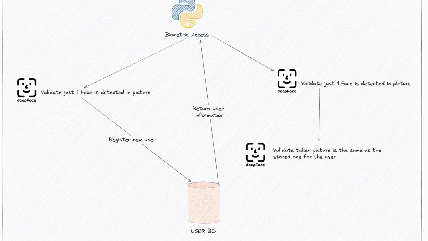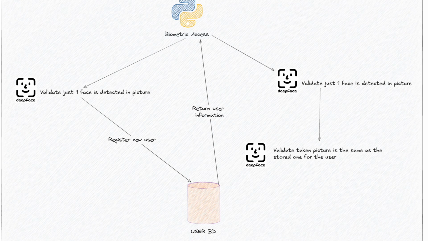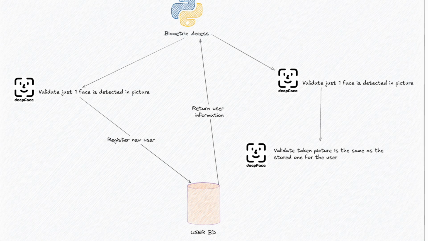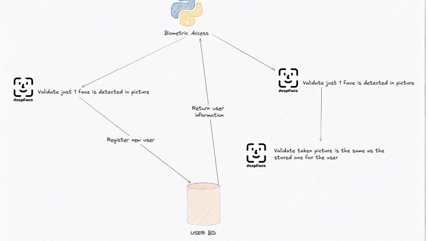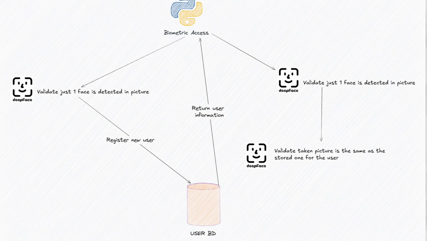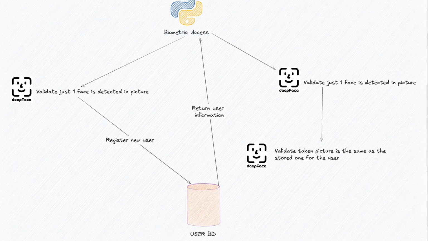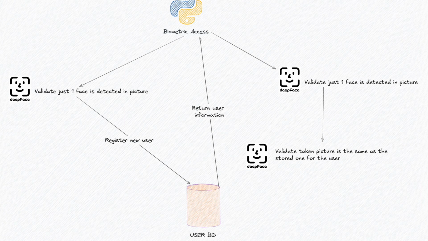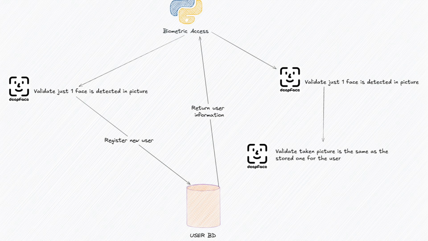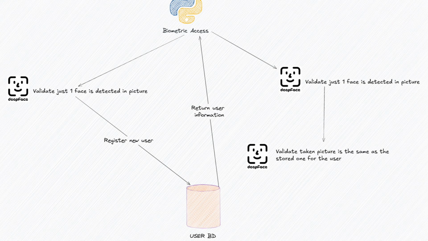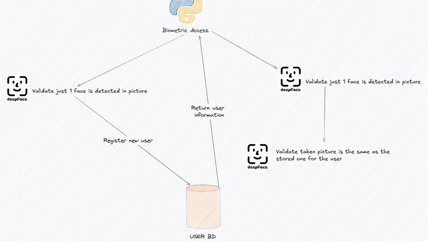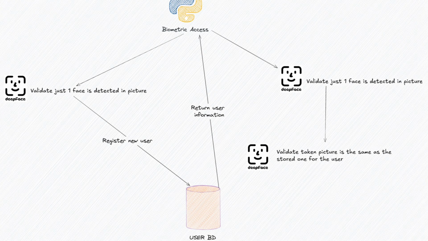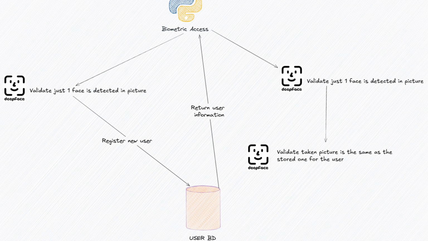So by adding this biometric verification, you are adding an extra security layer to your systems, being sure that just that user, and only him, is going to be able to approve or make some specific action in your applications. So with this we are improving security.